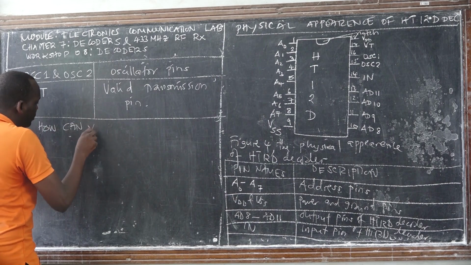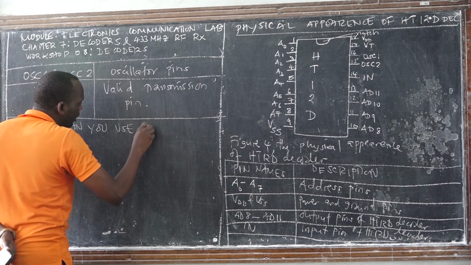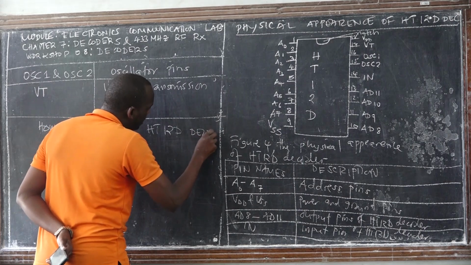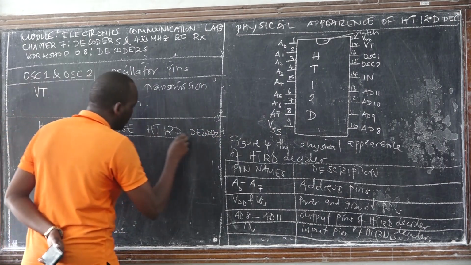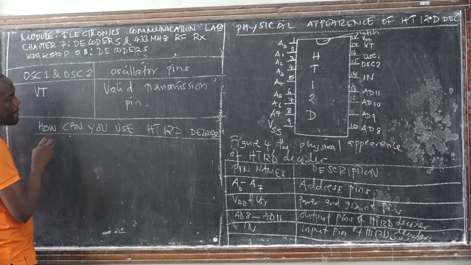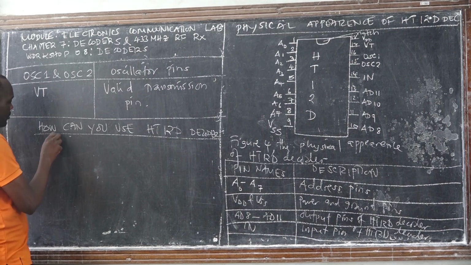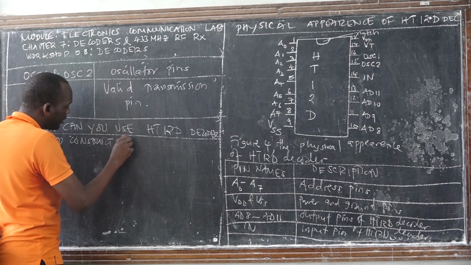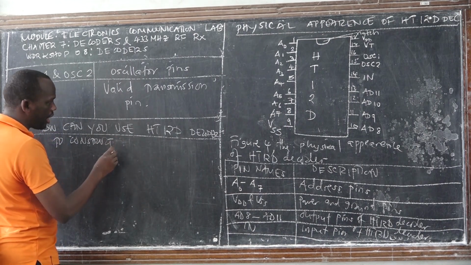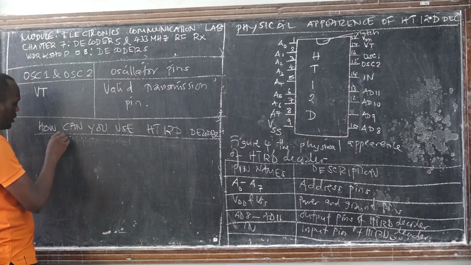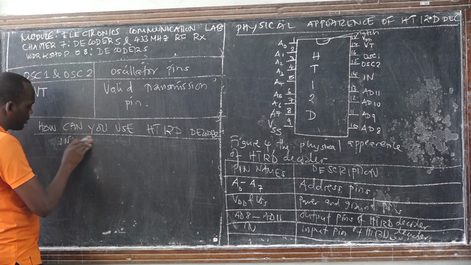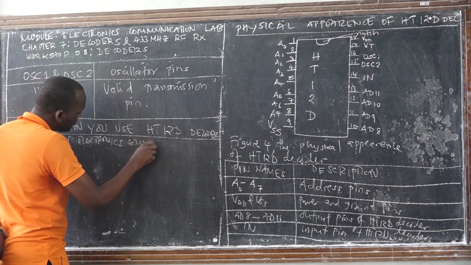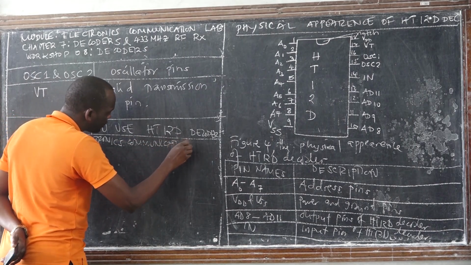How can you use the Ht12D decoder in constructing an electronics communication system?